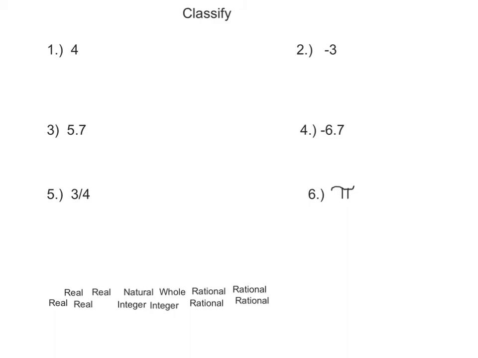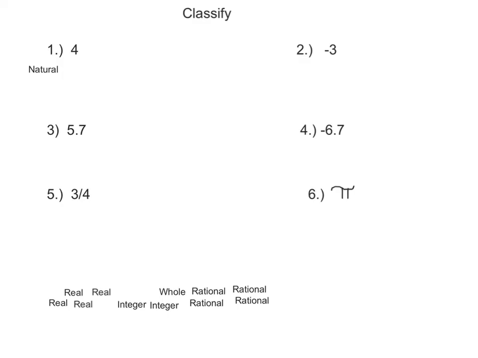Alright guys, so let's apply what we just learned. We're going to look at a couple examples and make sure we understand how to classify numbers. So for number 1, we've got 4. We are looking at what categories it fits into. The first category is a natural number, because it's one of the numbers we learn to count with.